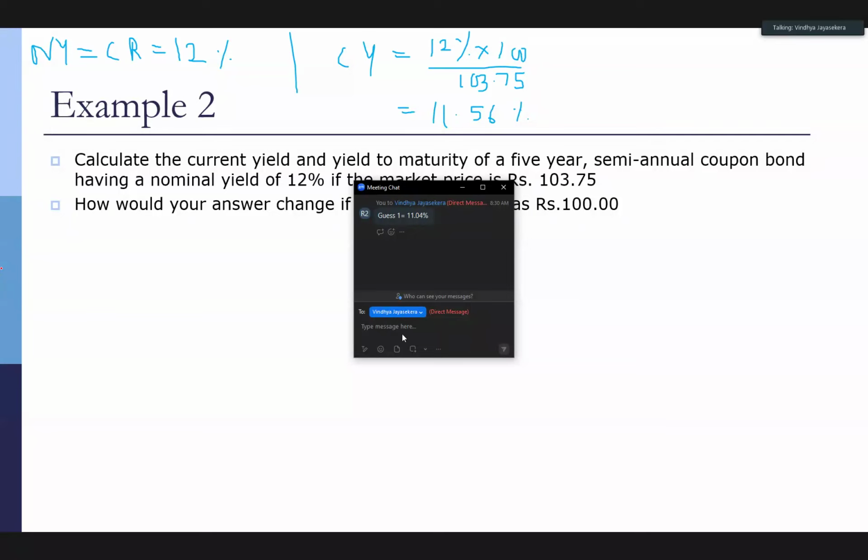Yeah, also your guess one seems to be a little too high. The number that you're getting seems to be a little on the higher side.